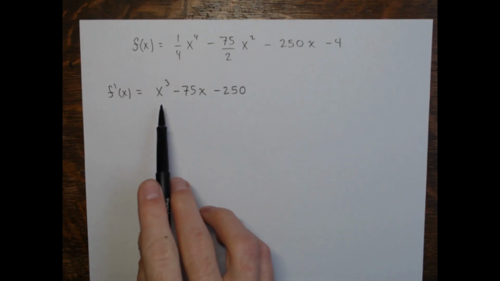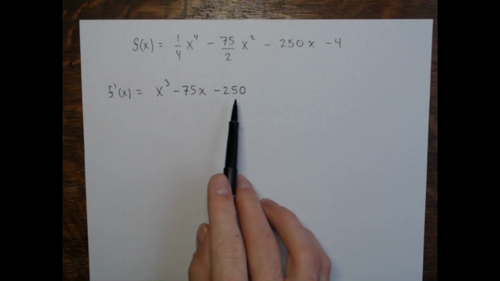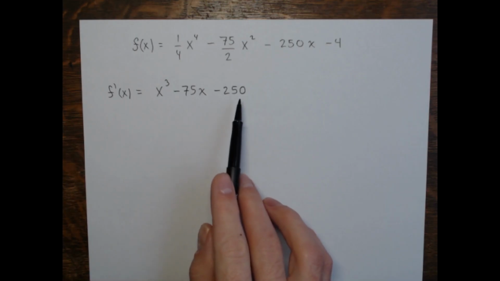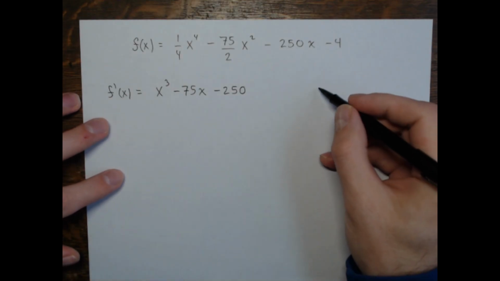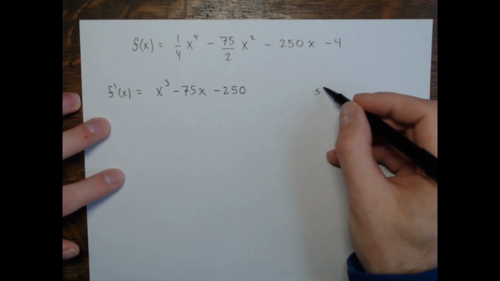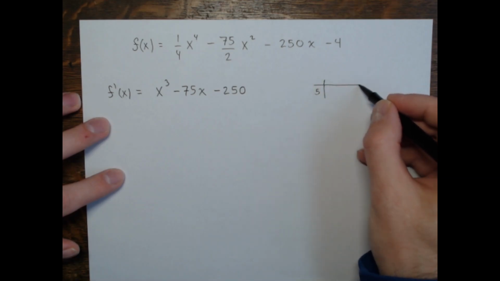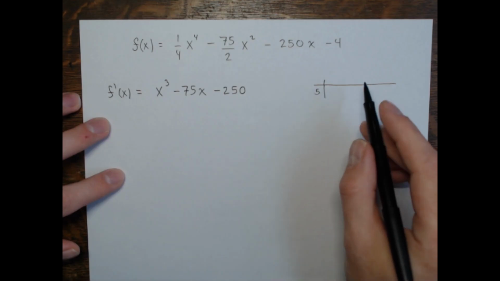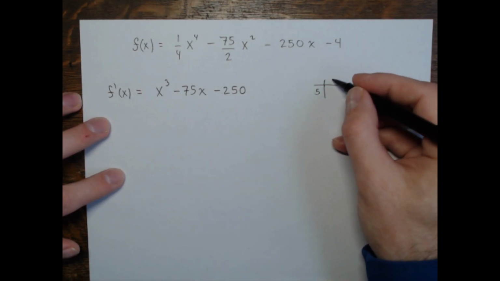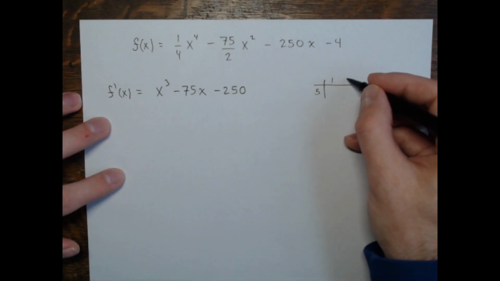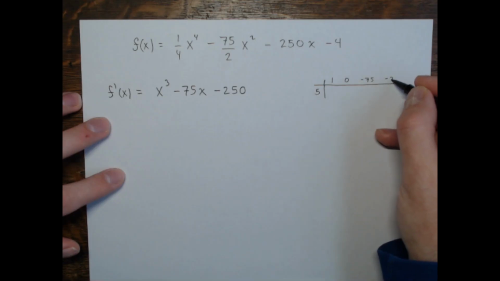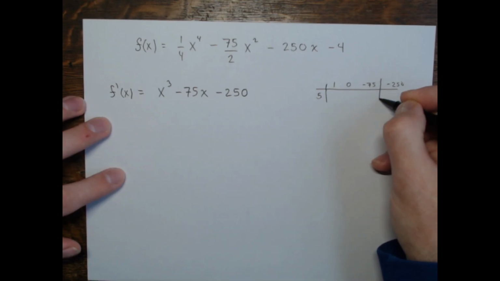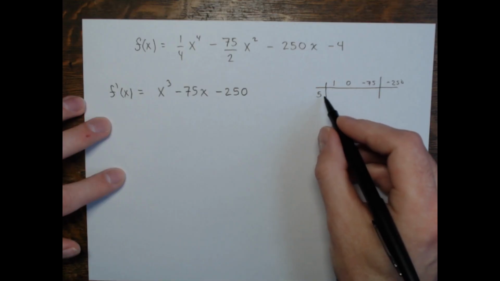Now I could kind of cheat a little bit, look at the graph of this, see where it's equal to 0. But one thing I see right now is that 5 would be a 0, right? And I'm gonna do synthetic division over here to see how it factors. So again, you got 1x cubed, 0x squared, negative 75x, negative 250 for the constant term, and I'm plugging in 5.